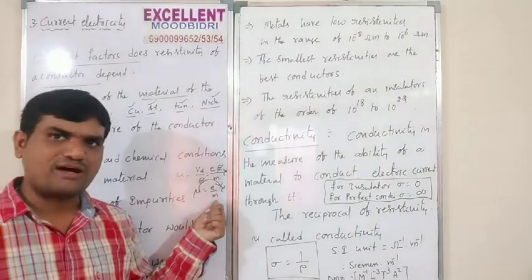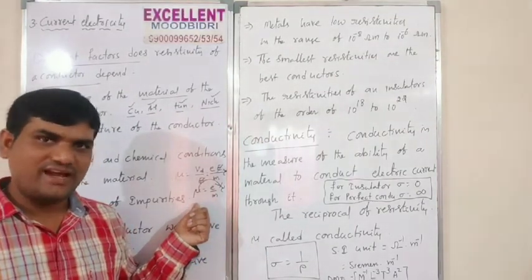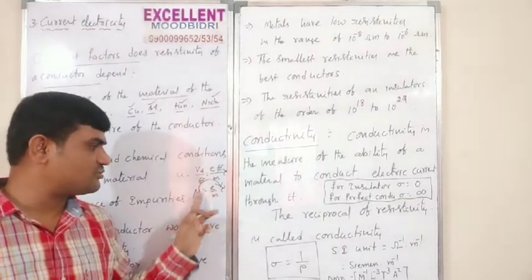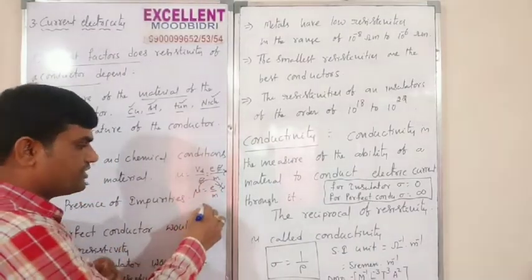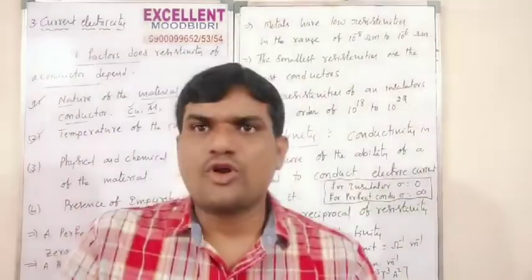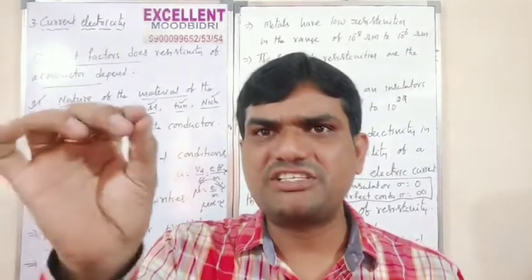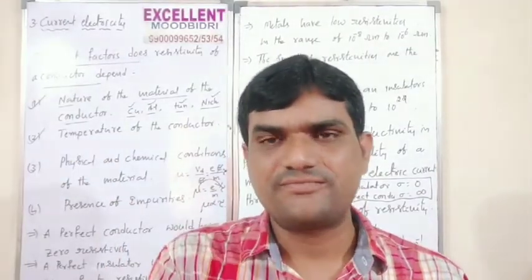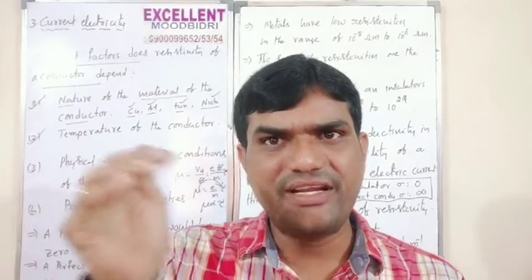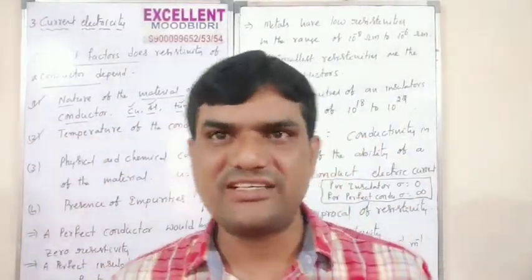Remember, if mass is more, the mobility is less. Mu is directly proportional to the relaxation time. So by increasing temperature, the relaxation time decreases, which means the mobility of the conductor also decreases.